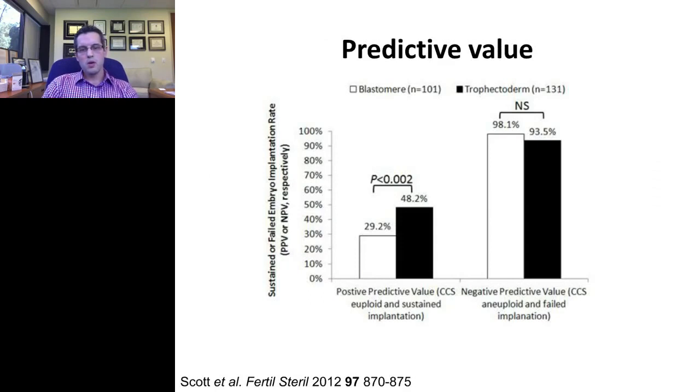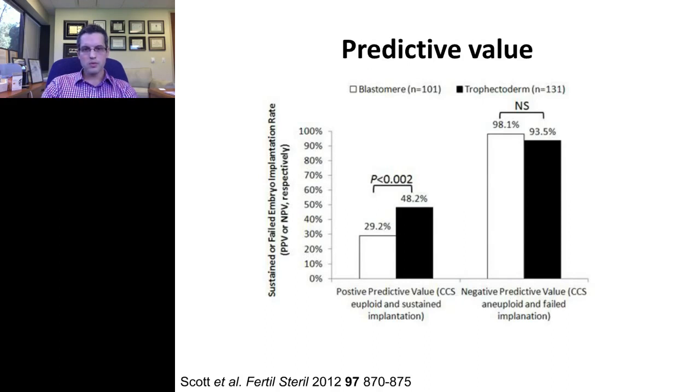That is, how often we would have predicted through aneuploidy screening a negative clinical outcome, failure to sustain implantation. And the predictive value of this particular assay was extremely high, such that we could actually say we could safely use the methodology to discard an embryo, unlike what likely occurred with FISH, where there was probably a significant overdiagnosis of aneuploidy.